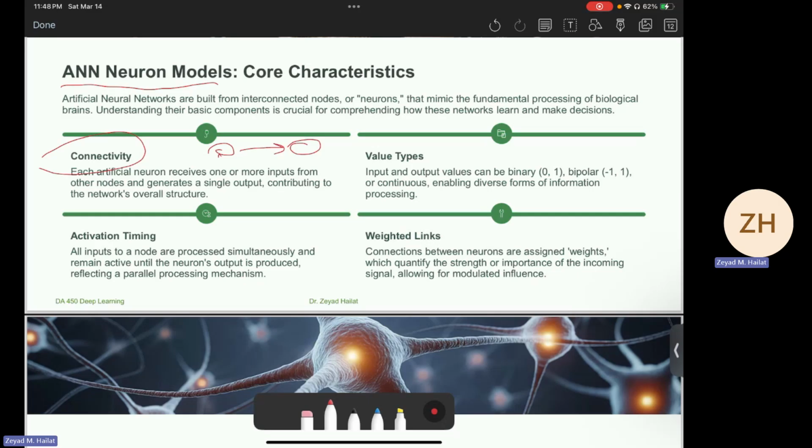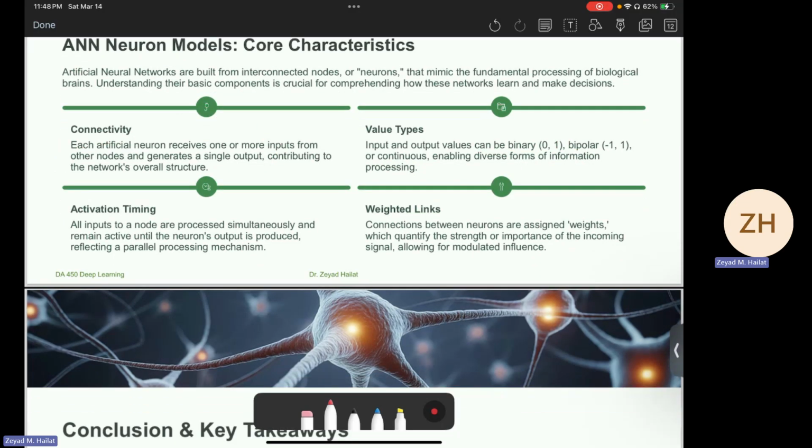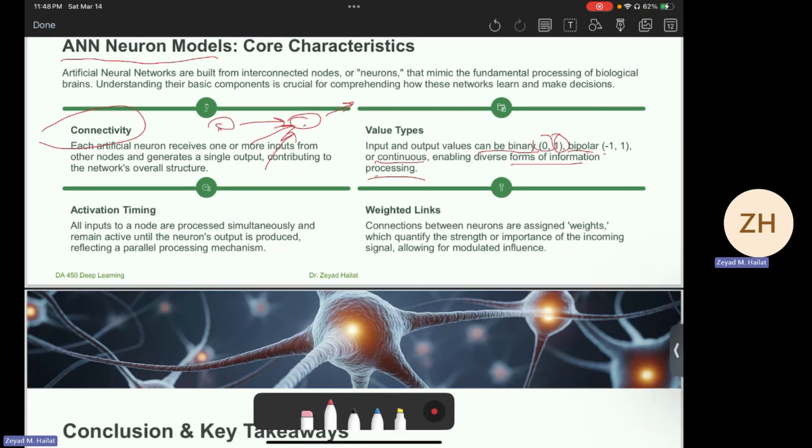One neuron can have multiple inputs, and it can have an output that goes to one or more neurons. Value types: input and output values can be binary. Remember, we have rest or firing, or bipolar, it can be -1 and 1, or continuous values, enabling diverse formats of information. So it can handle images, text, and other types of information.